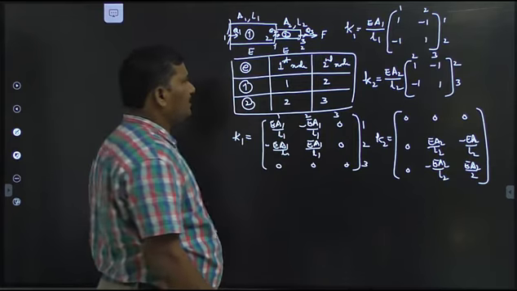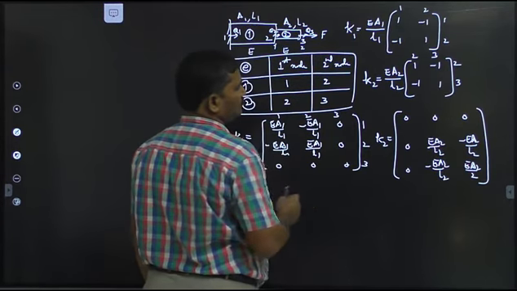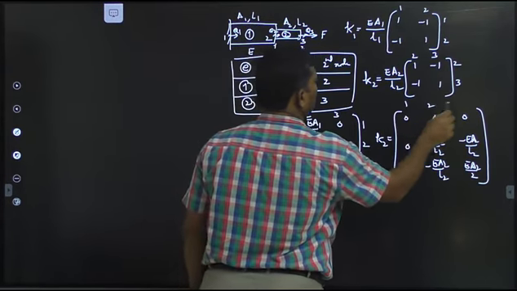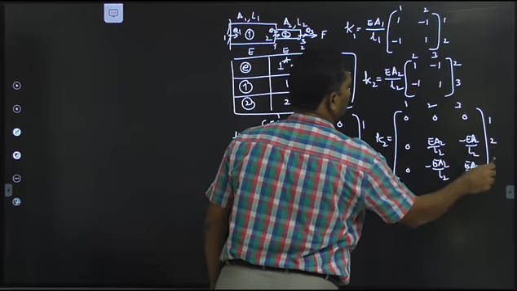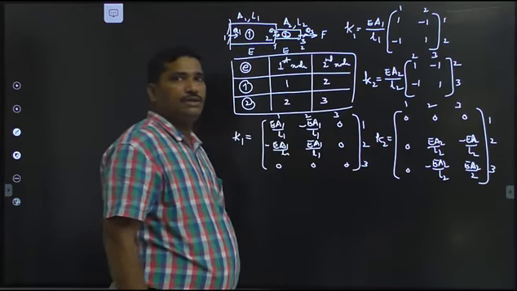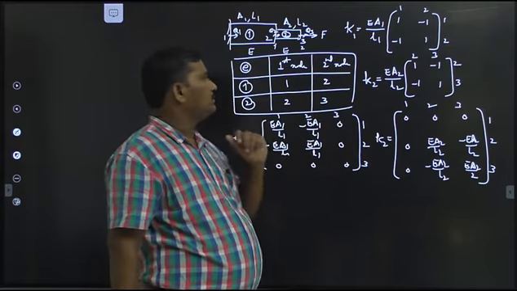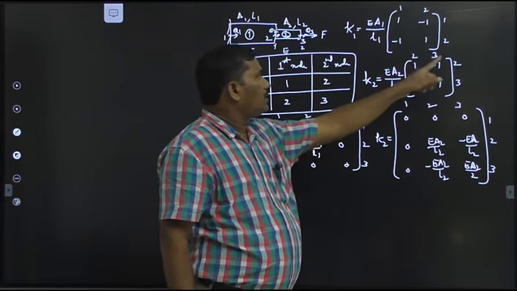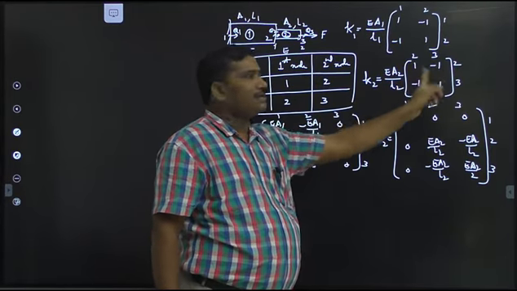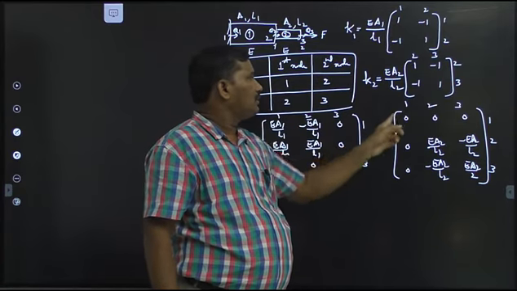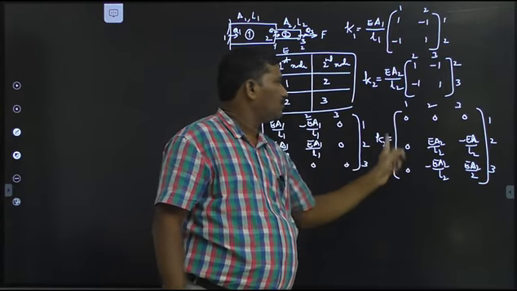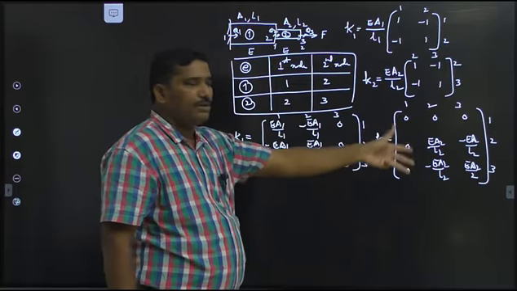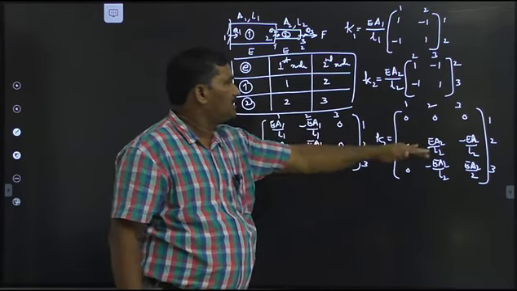What are the degrees of freedom here? Observe carefully. 1, 2, 3, 1, 2, 3. Because there is no degree of freedom pertaining to node 1, corresponding to node 1, I put the element zeros. Therefore, my matrix K2 is correct. This is written like this.